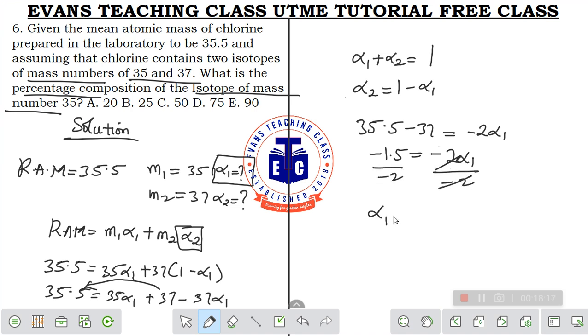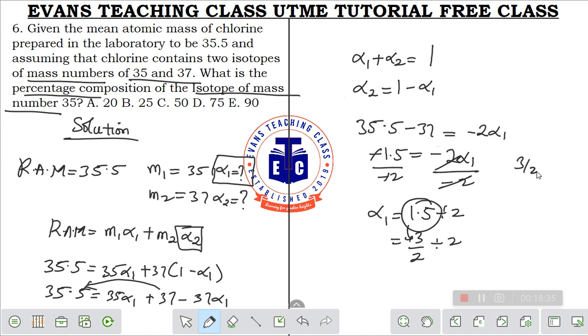So alpha 1 will be equal to, cancel the minus, 1.5 divided by 2. I don't want to use a calculator. 1.5 is the same thing as 3 over 2, right?